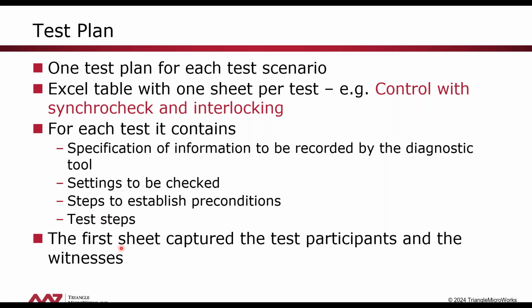In addition, there was also a sheet in the test plan that captured the test participants, vendors and models of the devices and tools, as well as the witnesses, the persons that witnessed the test.